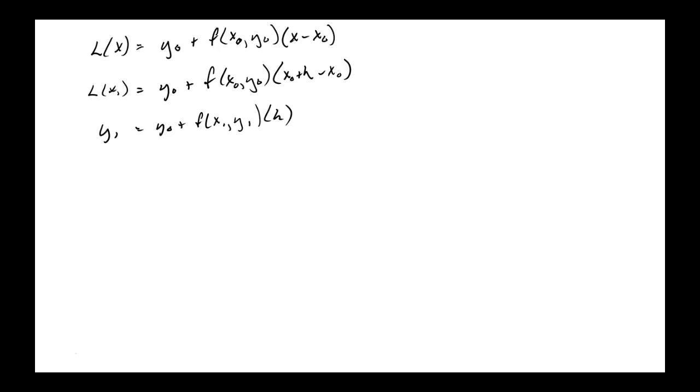I think that has to be x0, y0, because otherwise you'd be using y1 to calculate y1, and you wouldn't know what y1 was. So I think they've got that wrong. I think that has to be 0. So I think I was right the first time. Now they put the h in front, which is fine. Where y1 is equal to L of x1, and the point x1, y1 on the tangent line.